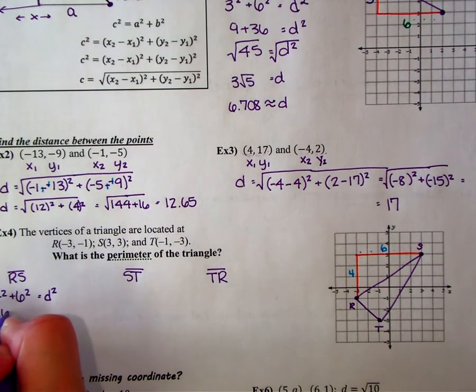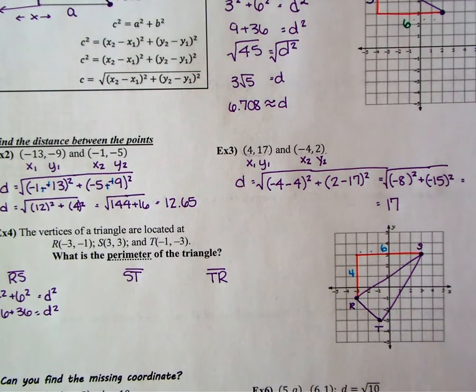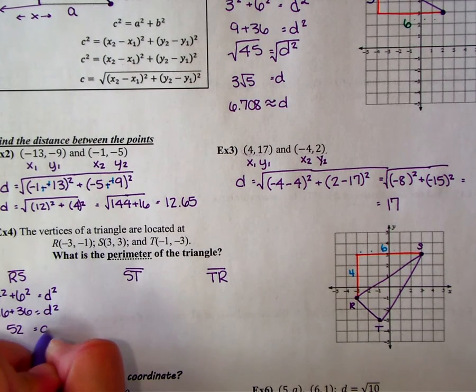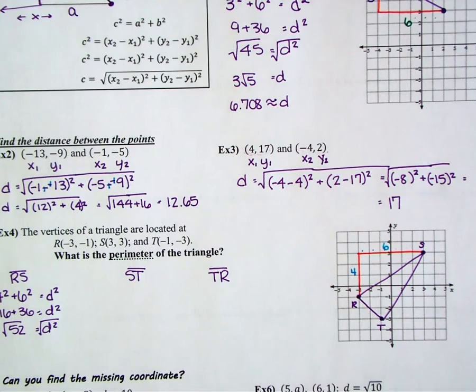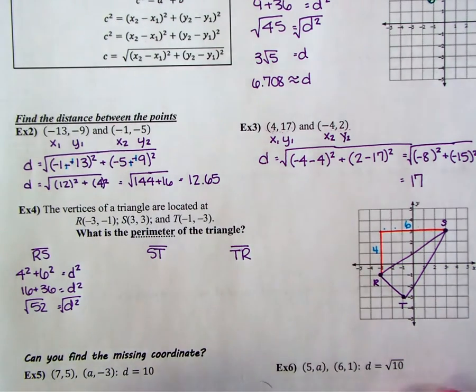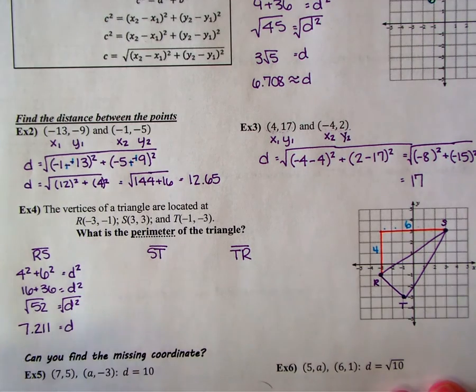So we'll have 16 plus 36. And then I'll take the square root of both sides. And since we're just finding the perimeter, there's nothing about making sure that it is in your simplest radical form. So we'll just leave it as a decimal. So we'll say 7.211.